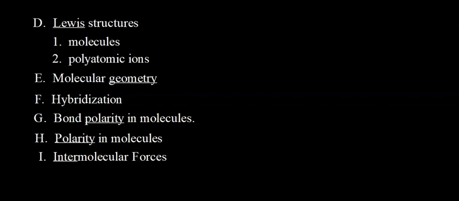We'll talk about polarity in bonds, whether a covalent bond is polar or nonpolar. We'll also look at polarity in molecules. So molecules as a whole can be classified as either polar or nonpolar. And then based on the polarity of a molecule, we'll be able to determine the type of intermolecular forces that occur between atoms, or actually between molecules rather.